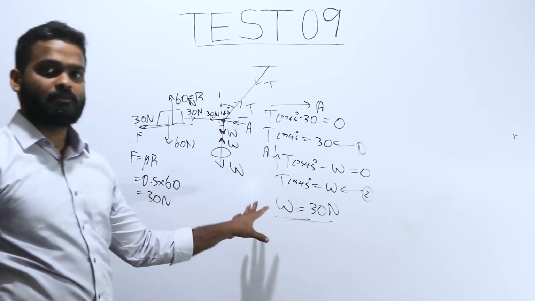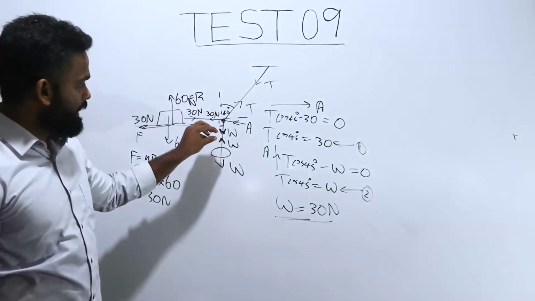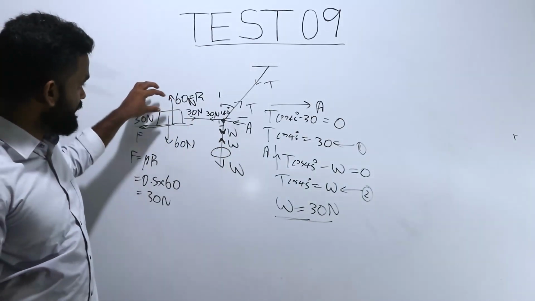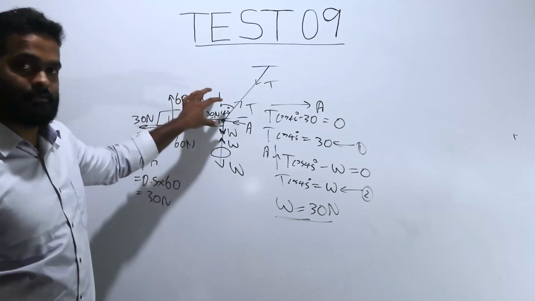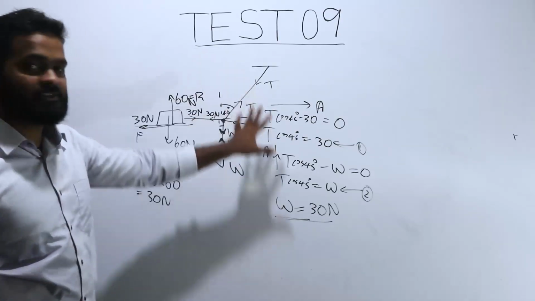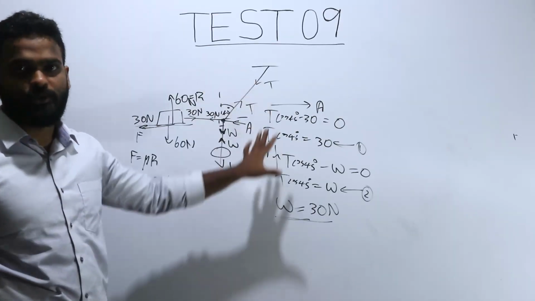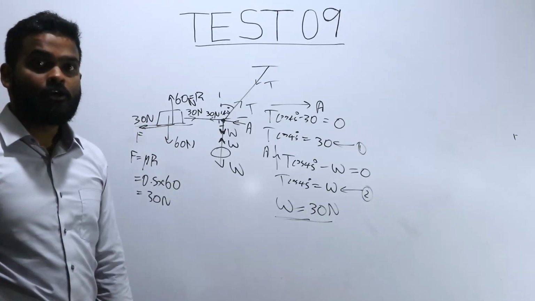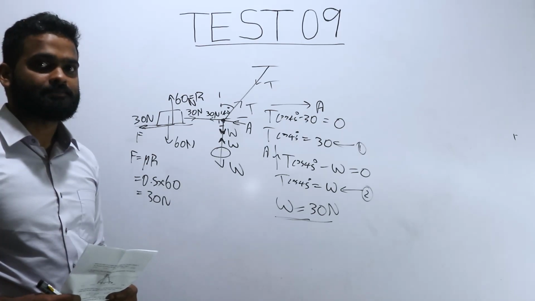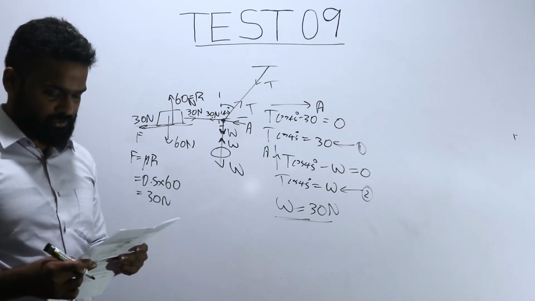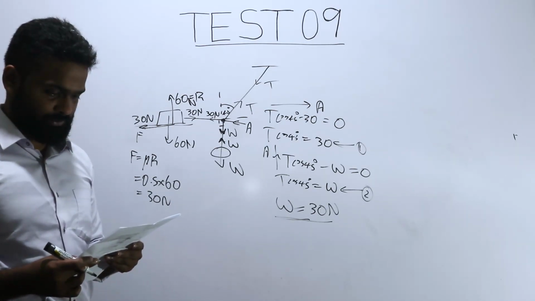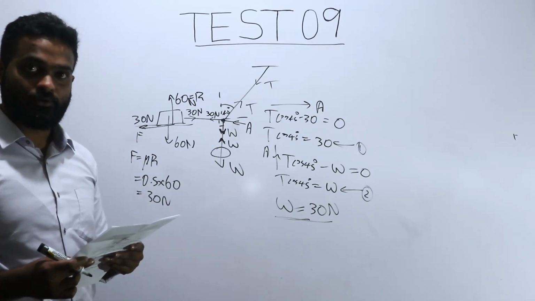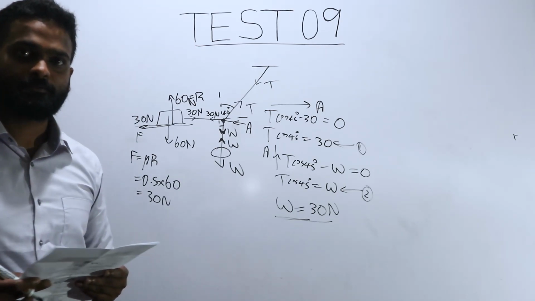So that is the maximum weight that can be attached here, so this won't slide to this side. This whole system is in a limiting equilibrium situation, right? That's why we applied F equals mu R for this question. So the answer should be the fourth one for the 10th question.